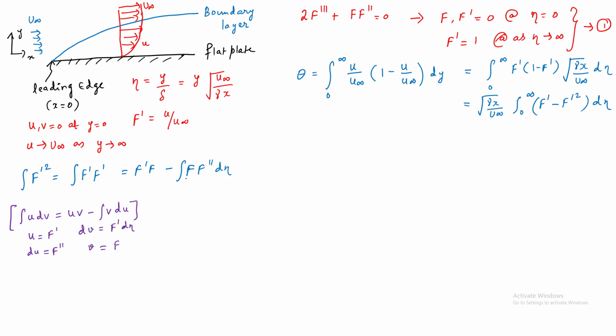If you see this format, f and f'' can be related from equation 1, so you can substitute f as minus 2 f''' divided by f''. Then this becomes f' f, minus into minus becomes plus, 2 f''' dη.